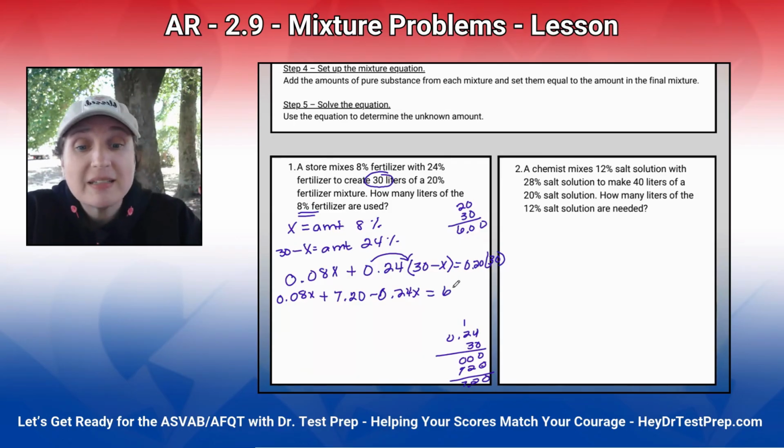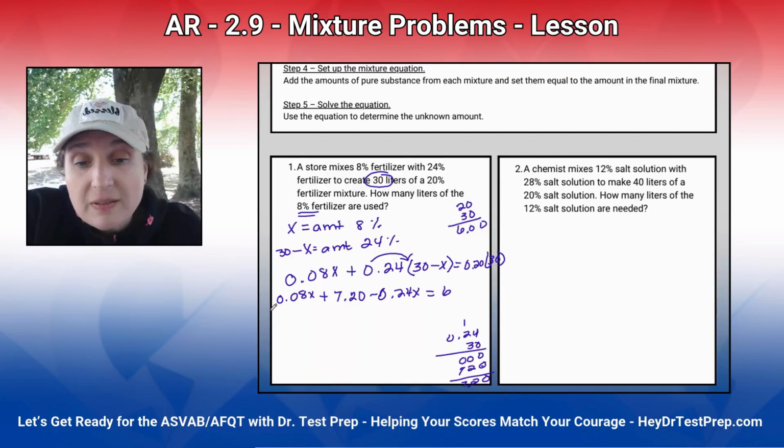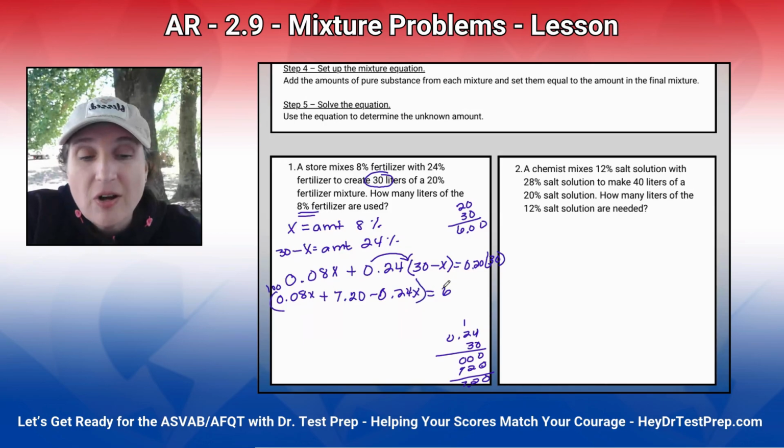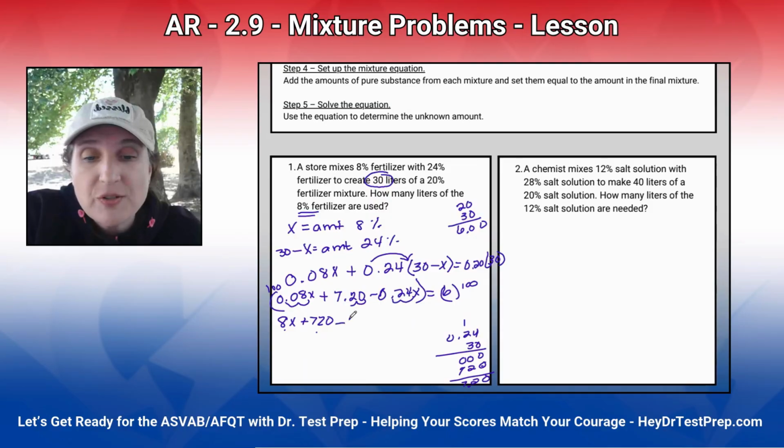Now we're going to combine like terms. Actually, you know what? Let's multiply everything by 100 to get rid of the decimals. So I'm going to multiply all of this by 100 and all of this by 100. So this gives me 8x plus 720 minus 24x equals 600.